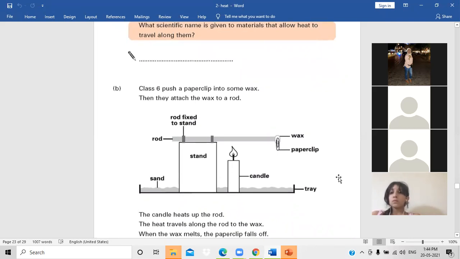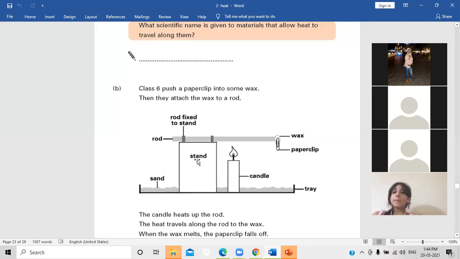What class 6 did is that they brought a stand, something that they can fix the rod on, and they put it in a tray filled with sand, only so that they can fix a candle on it. Next to this stand, they put a candle.